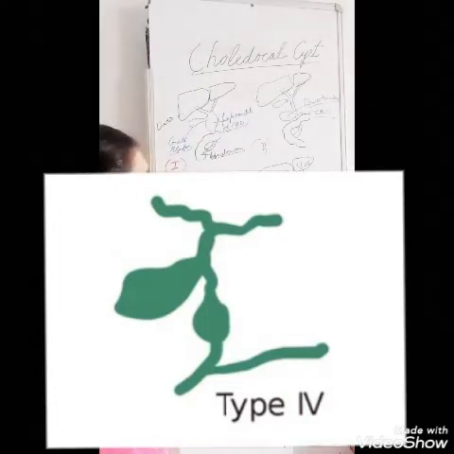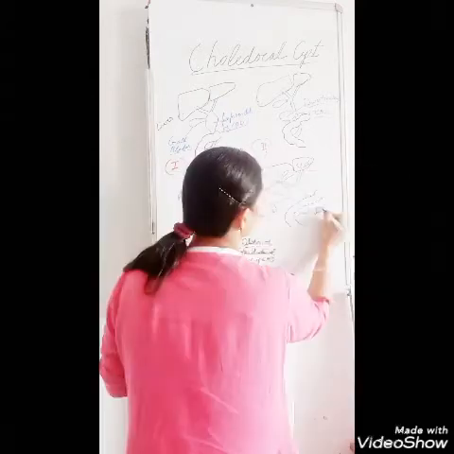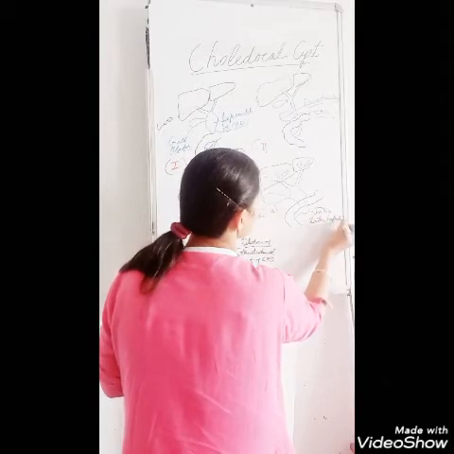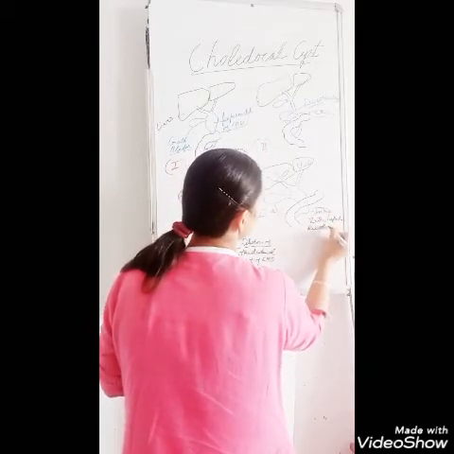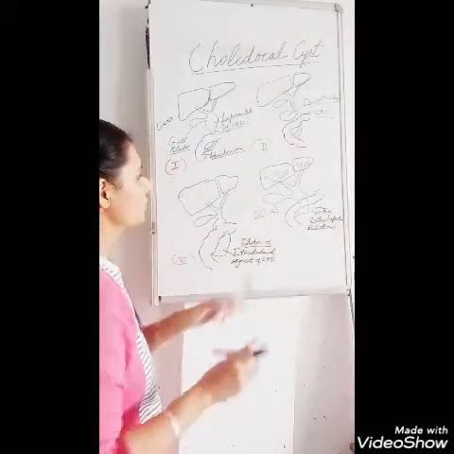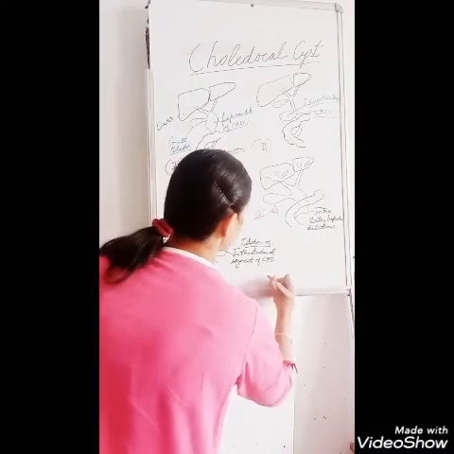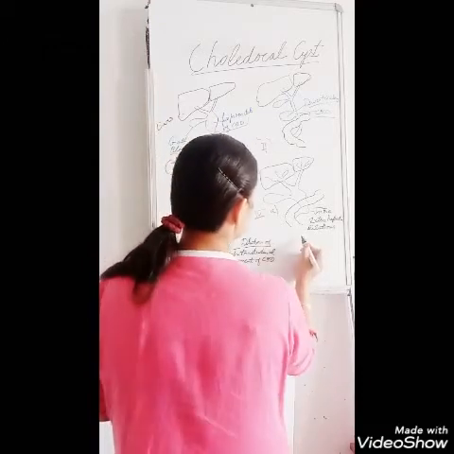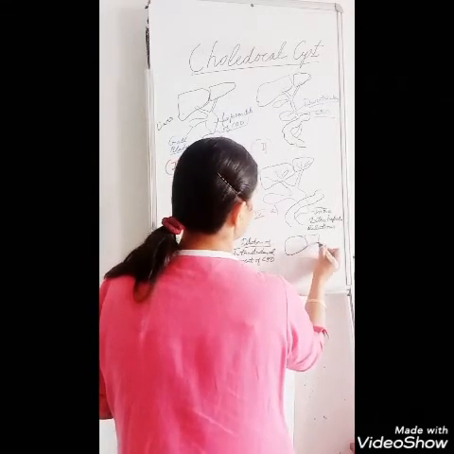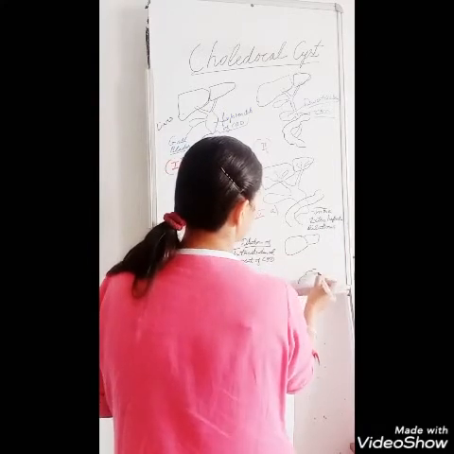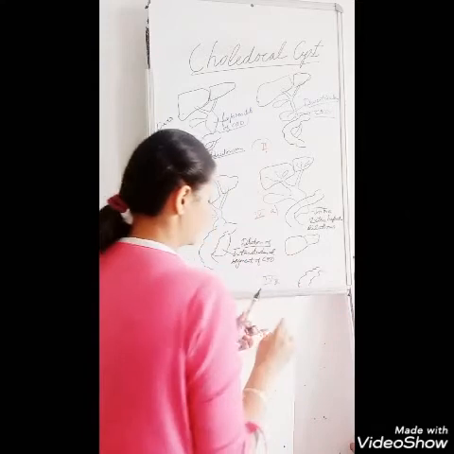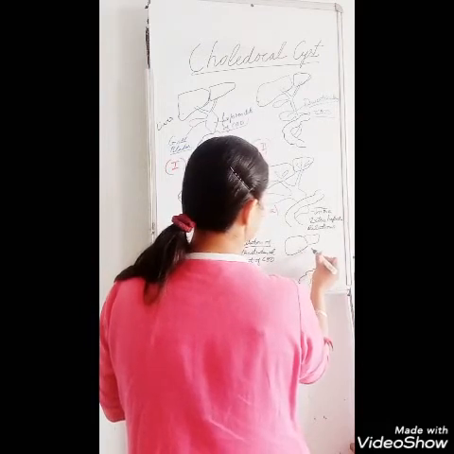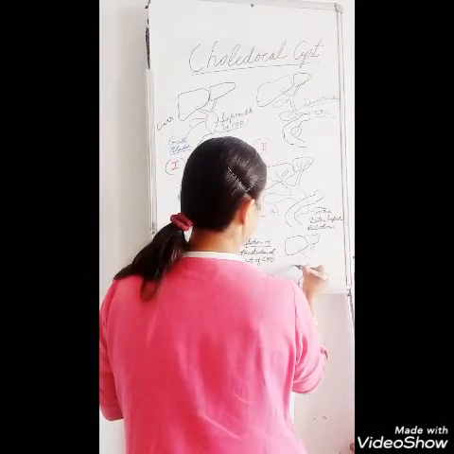So there will be both intra and extrahepatic dilatations. That is the fourth A. In the fourth B, this is the liver and this is the duodenum, and this is the gallbladder.